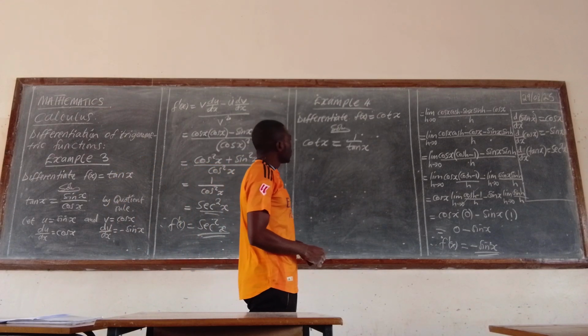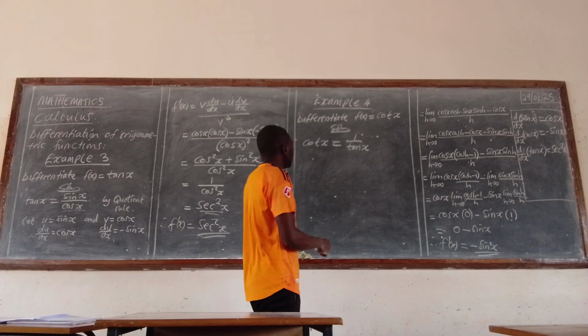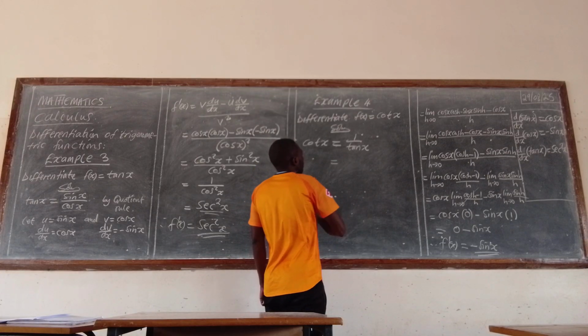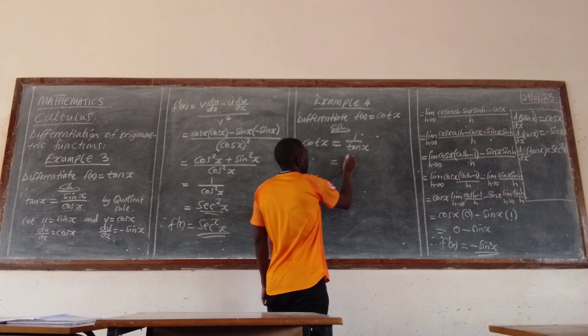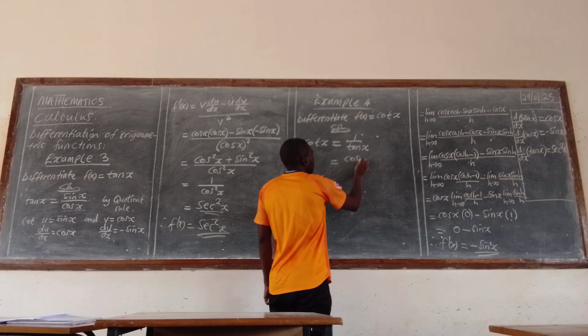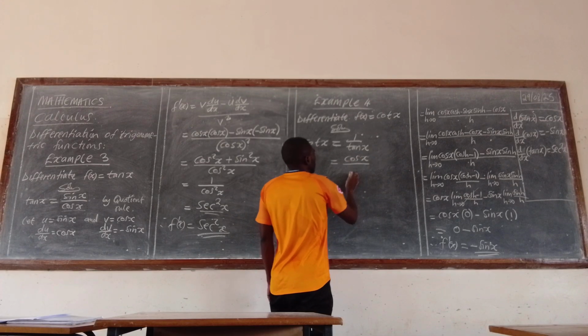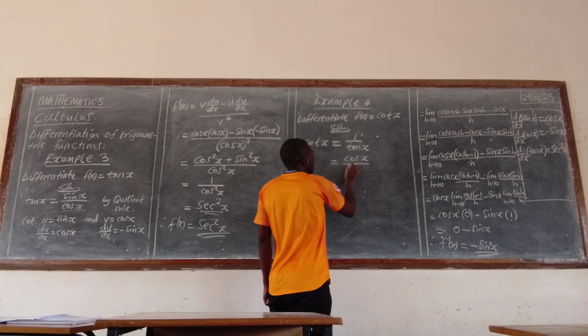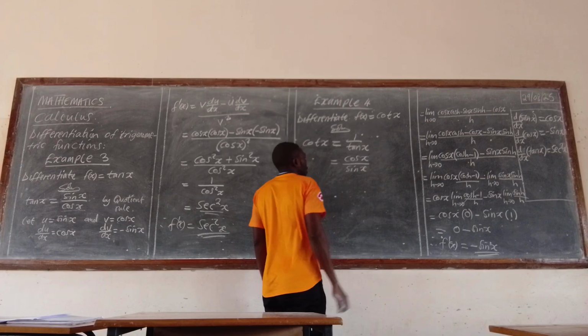Meanwhile, it is 1 over tan x. It means this is the reciprocal of tan x. So we are going to say cos x over sin x.